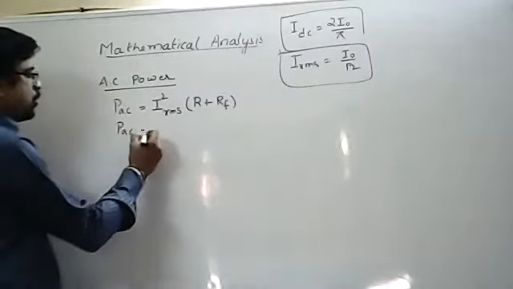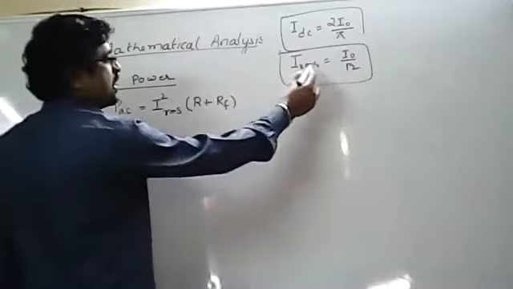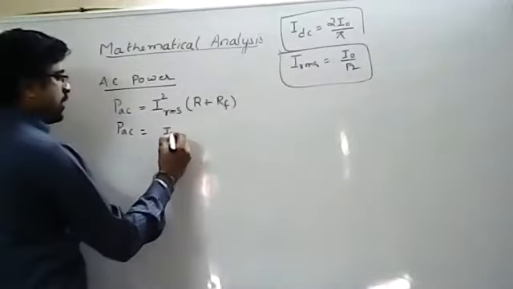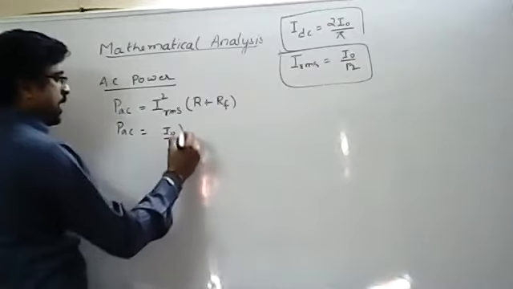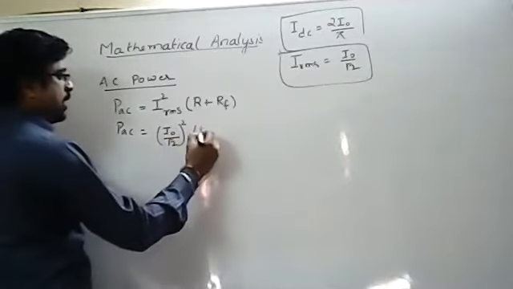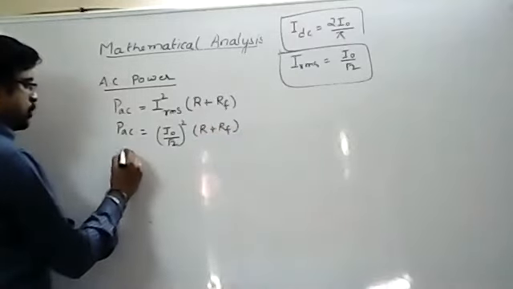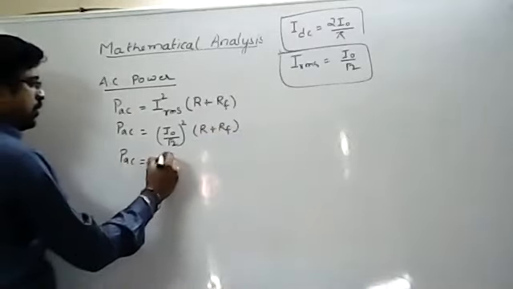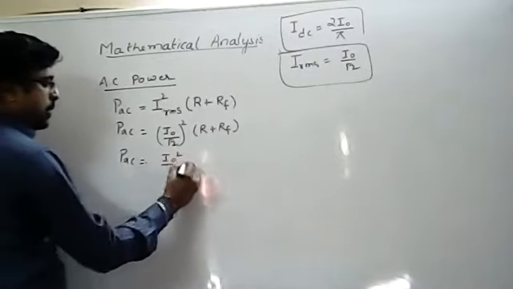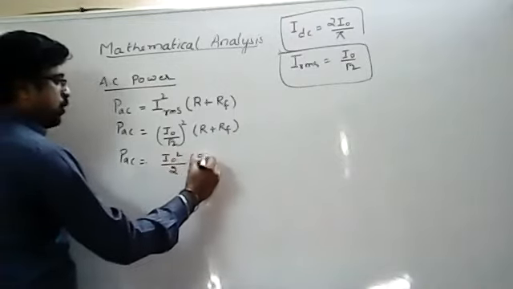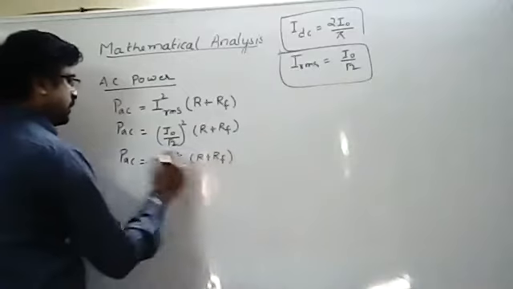So PAC is equal to, what is IRMS? I naught by root 2, substitute here. I naught by root 2 whole square into R plus RF. So PAC is equal to I naught square by 2 into R plus RF.